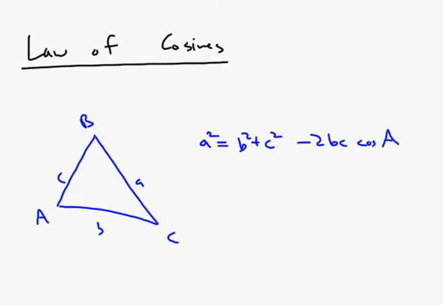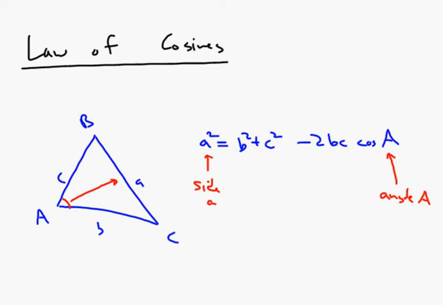Now, let's just take a look at the formula for a minute. What I want you to notice is this little a over here is side A, and this big A over here is angle A. So we know that the convention for labeling triangles is that if this is angle A in this corner, the side opposite that is called little a.